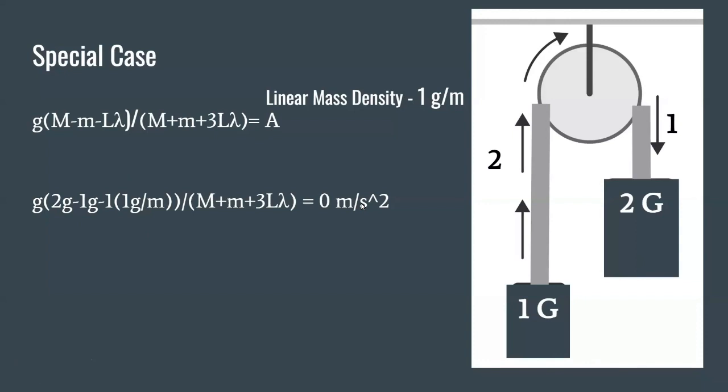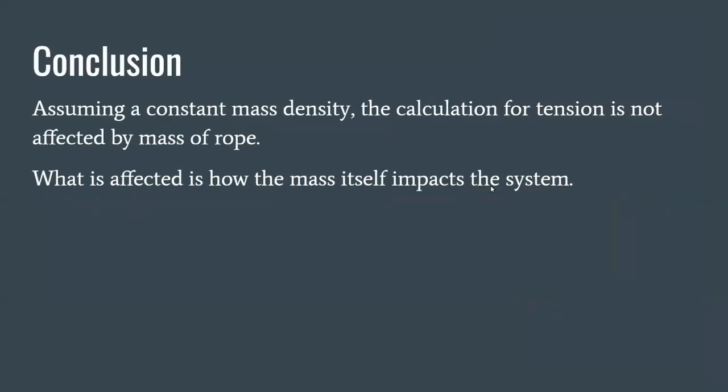So in this special case, and in other cases, I suppose, if the mass of the rope is significant enough, it can actually result in the system having an entirely different acceleration. Our conclusion: assuming a constant mass density, the calculation for tension is not affected by a massive rope.